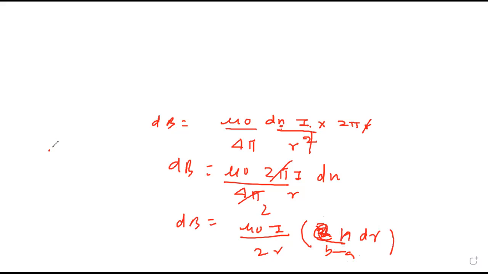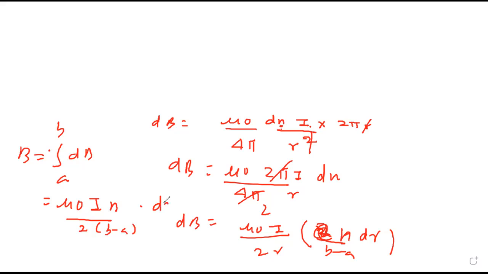Therefore, for whole coil, B will be integral of dB from a to b. That is same as mu naught I n upon 2 into b minus a into dr upon r from a to b. Okay, just copy till this again. Once I will explain you. Let's first copy this.